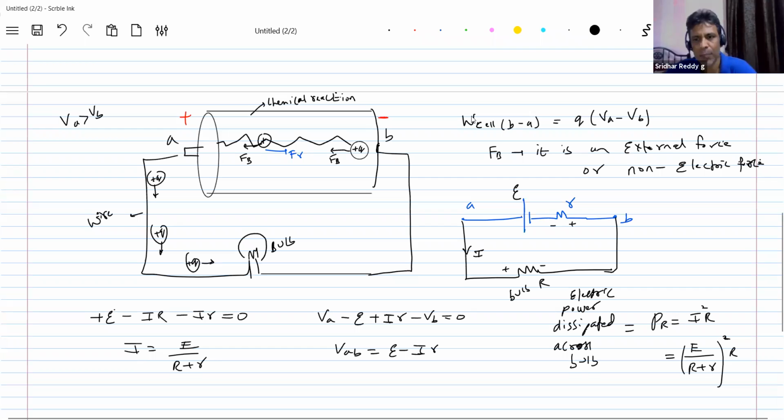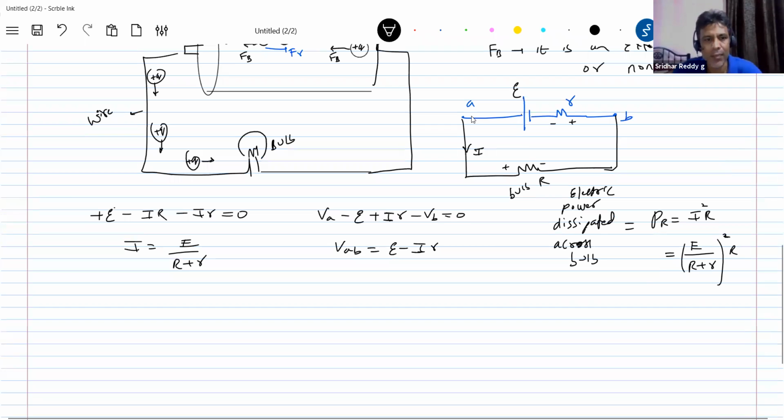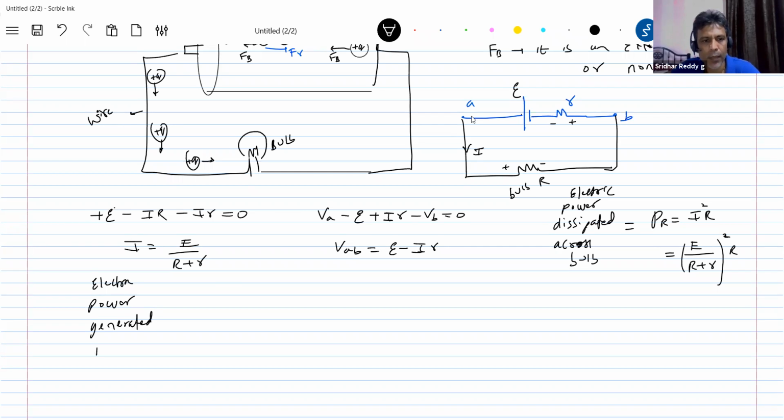Okay, come to this. Look at the power dissipated across the bulb. It's not equal to the power generated by the cell. What is the power generated by the cell? Electric power generated by a cell, how much is it equal to?